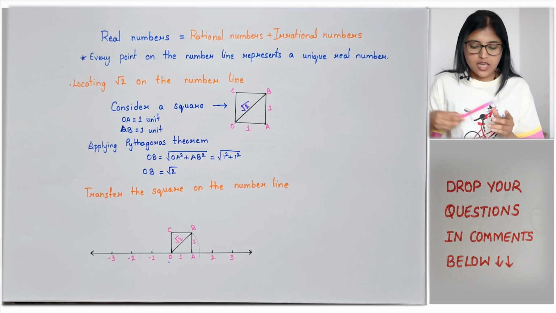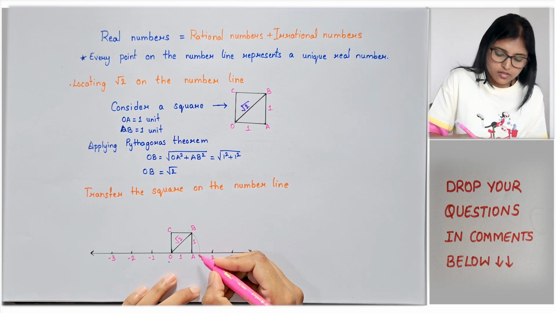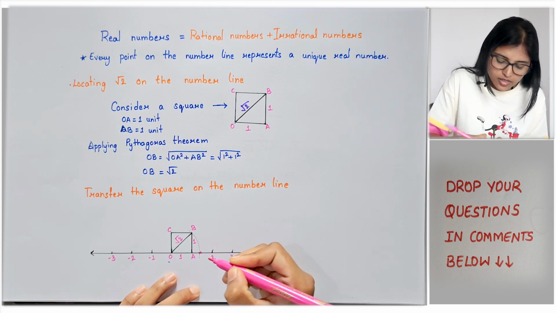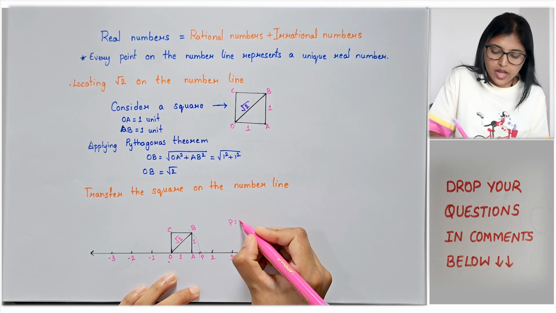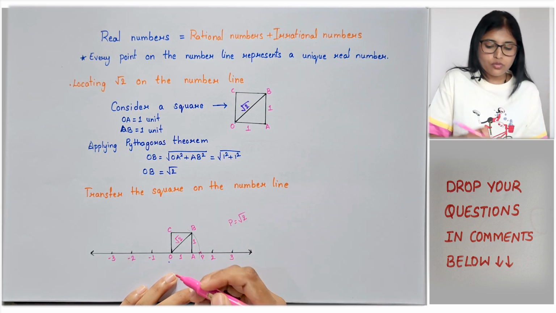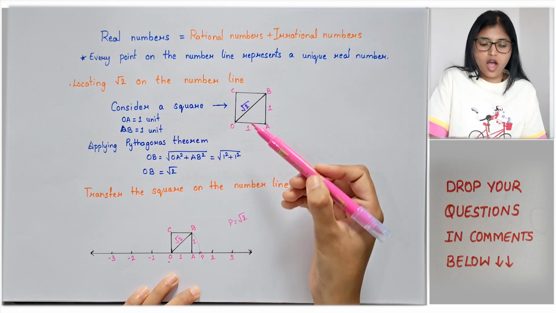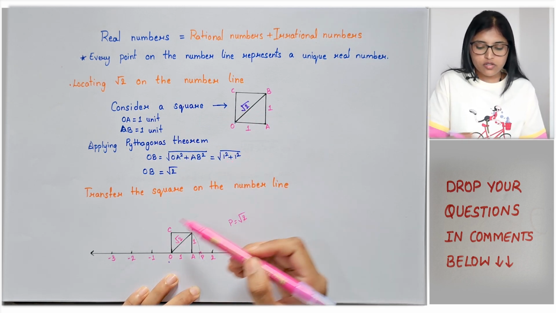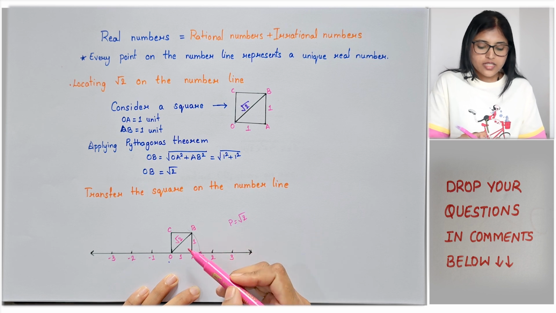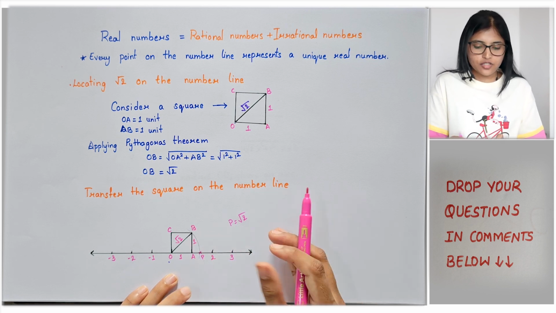If I call the point that the arc coincides on the number line P, that should give me the value of root 2. That is the process of how you can represent the irrational numbers on our number line. So this method can be used for any irrational number.